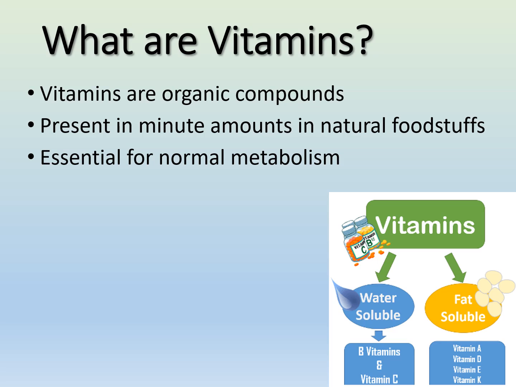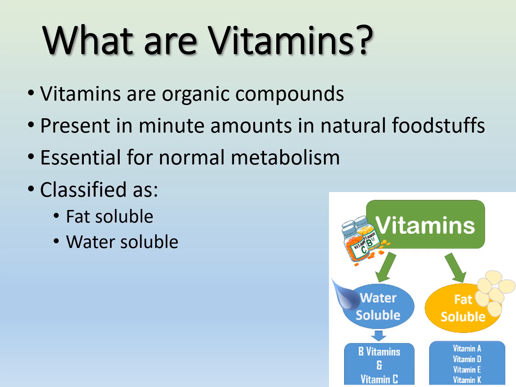So we'll talk a little bit more specifically about what their functions are and what they're essential for in a few minutes. And we said our two main groups of vitamins are fat-soluble vitamins and water soluble. That means, what does the vitamin dissolve in? If they're fat soluble, they can only dissolve in fat. And so we talked a little bit about why we need fat in our diet as well.